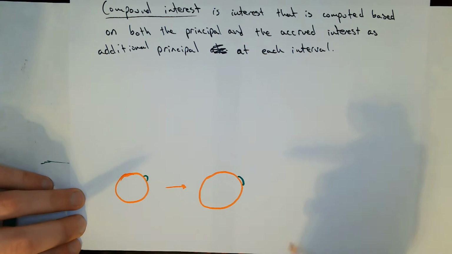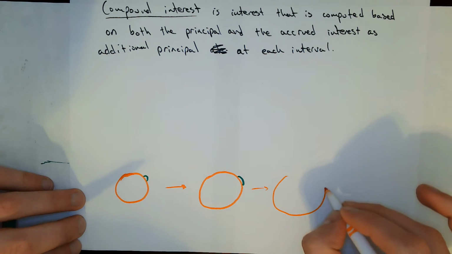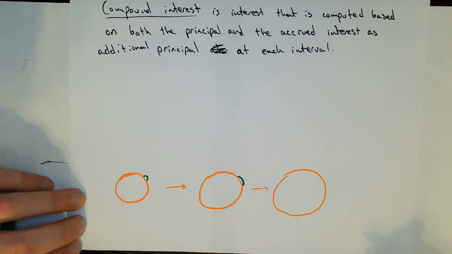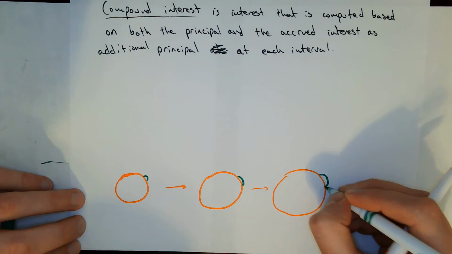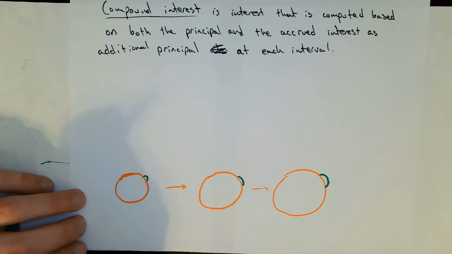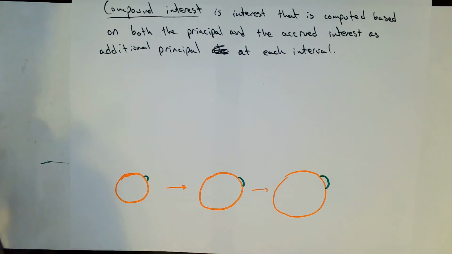Okay, and then now, maybe you already can kind of see how each step it's going to get bigger, right? Now you have even more principal, so the interest earned on this new principal is even bigger, right? Okay. This is the power of compound interest. So yeah, I think hopefully you can imagine just how powerful this can become.